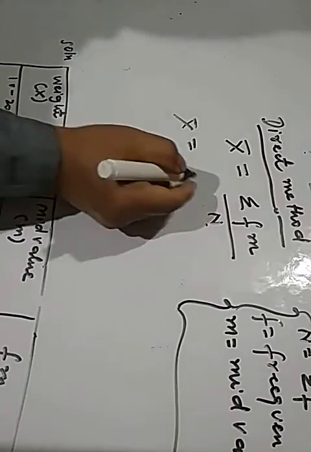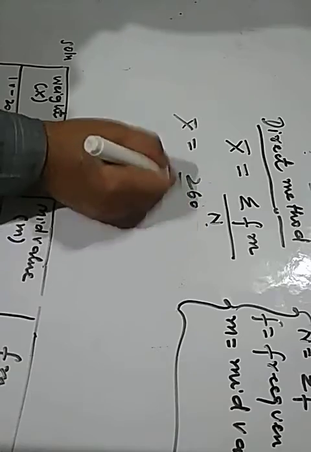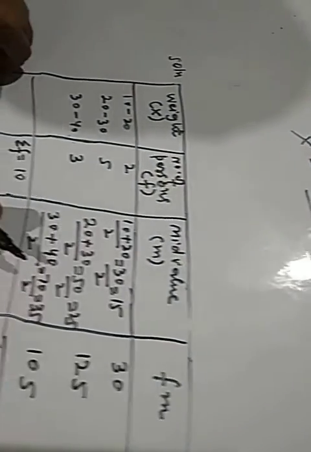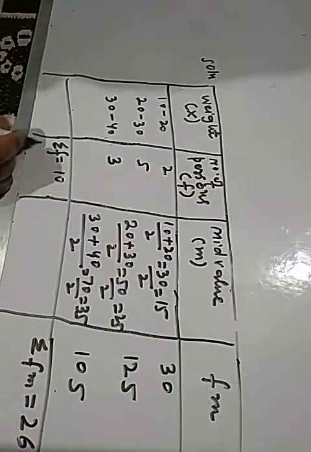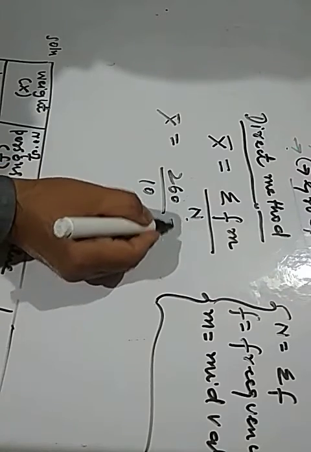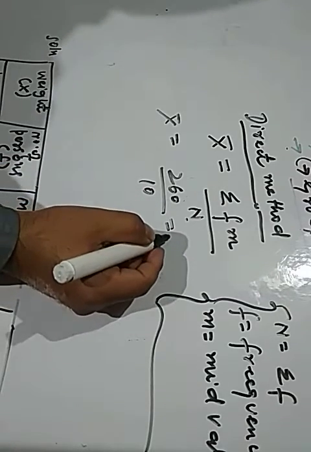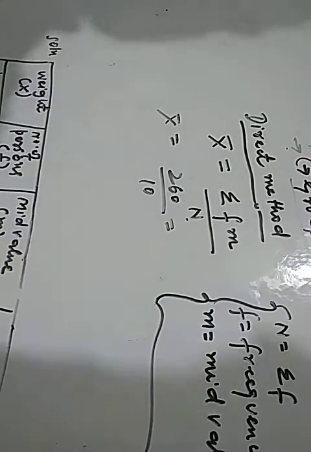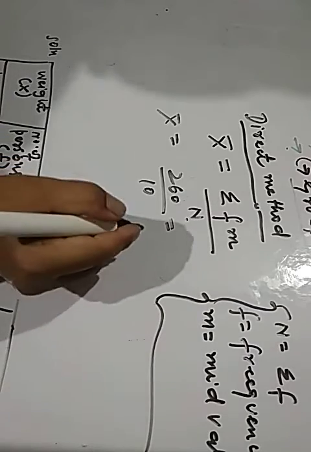It will be equal to 260 divided by sigma f, which is 10. That is n, which is sigma f, equal to 10. 260 divided by 10 will be equal to 26.